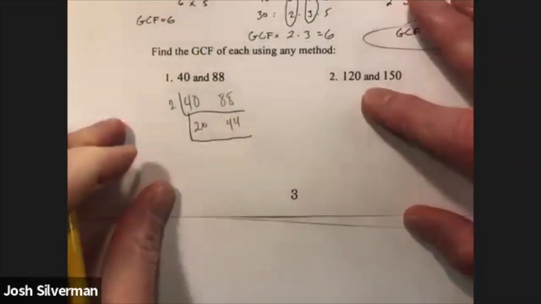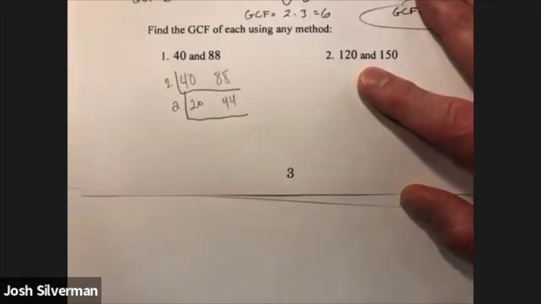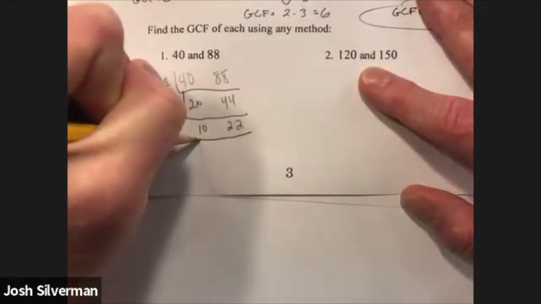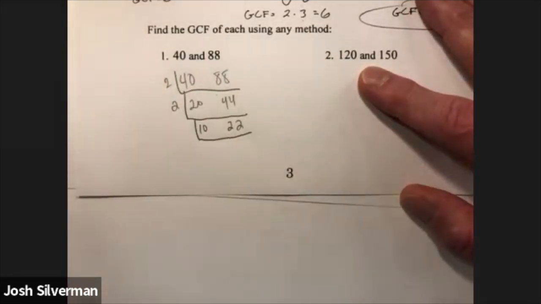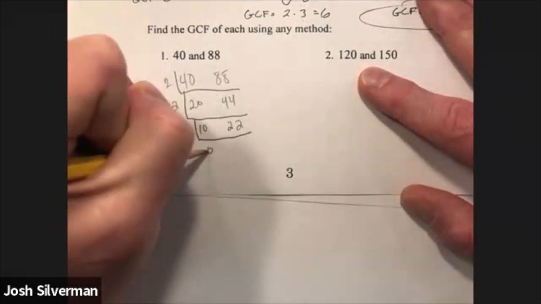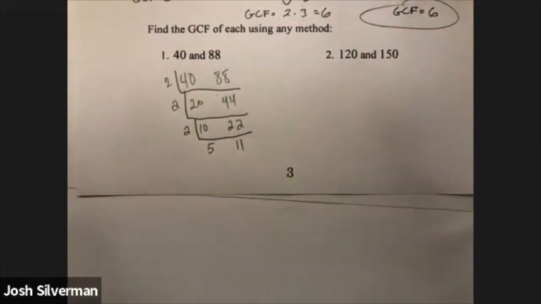Keep going. What can both of those be divided by? Let's do 2 again. 20 divided by 2, that's 10. 44 divided by 2, that's 22. What can both of those be divided by? 2 again. 10 divided by 2 is 5. 22 divided by 2 is 11.